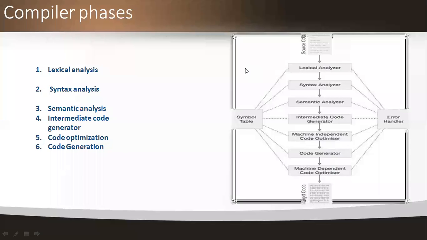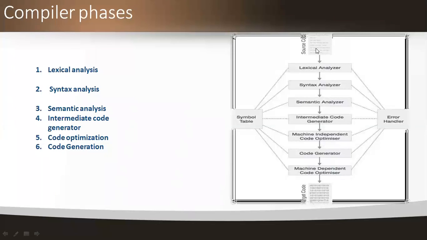The compiler is nothing but a translator. What we are doing is translating from one language to another language. See here, if you see the slide where I shared the structure with you all, it shows the various phases of the compiler structure.